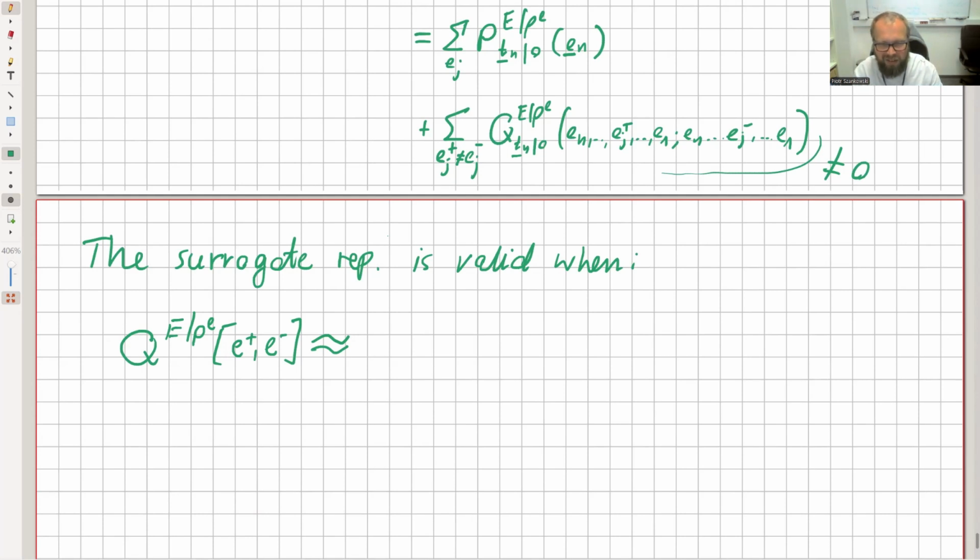Or in other words, only the diagonal parts are non-zero.